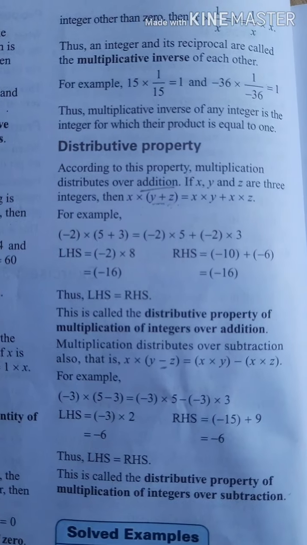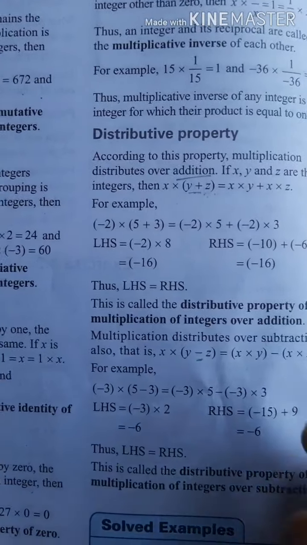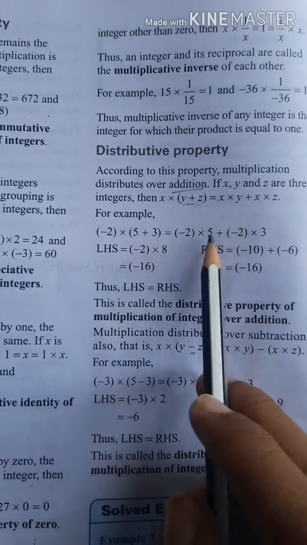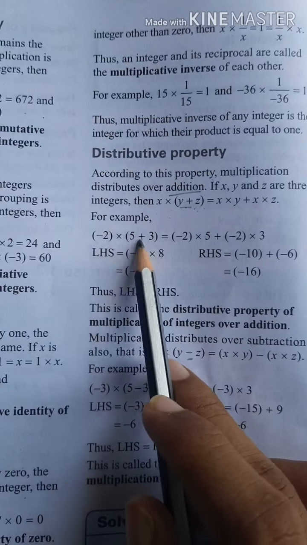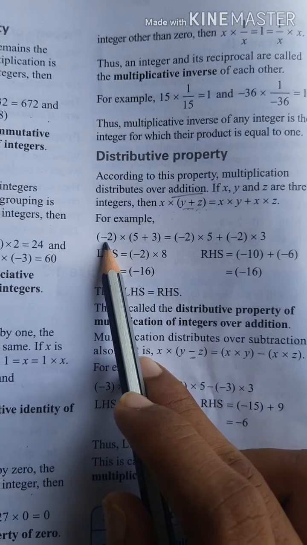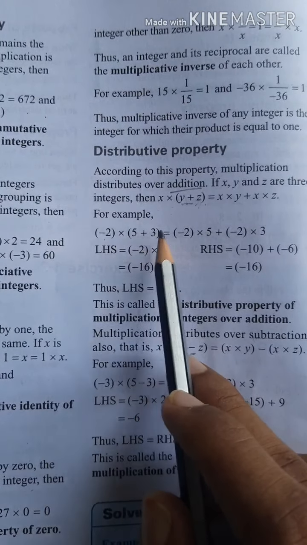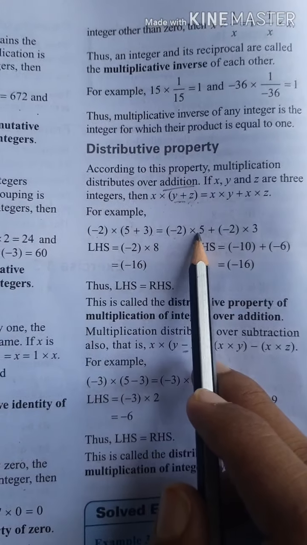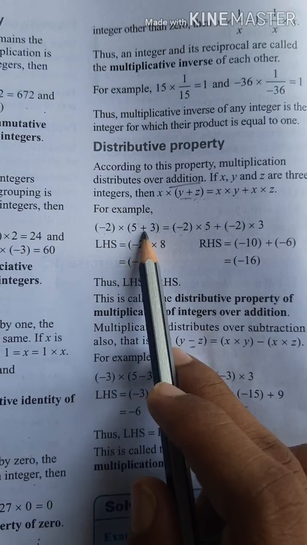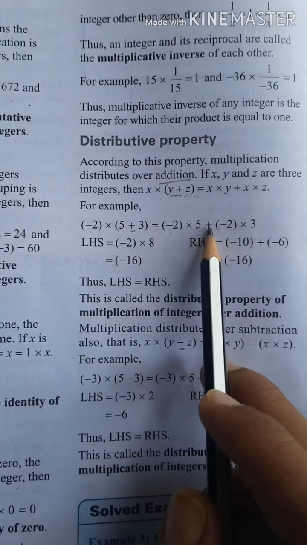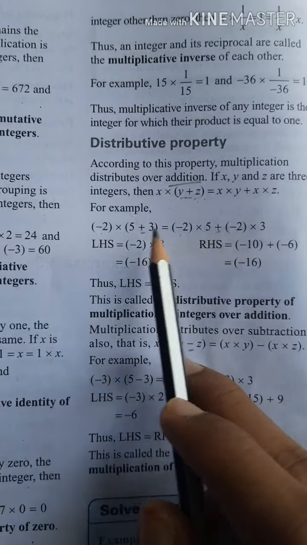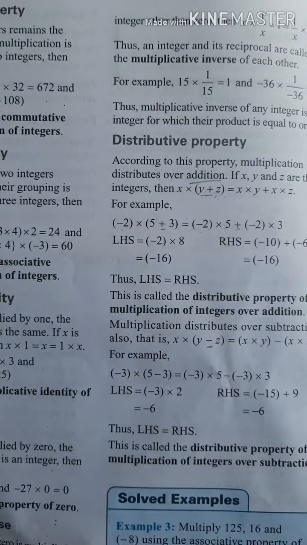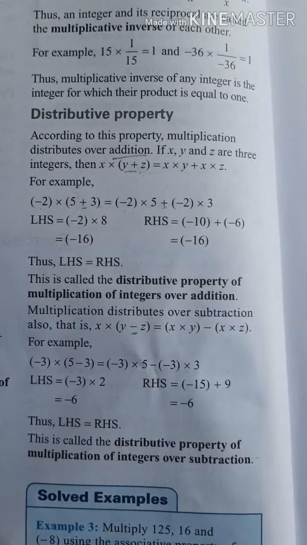Okay, now see the example, and check whether both are equal or not. First see minus 2 into 5 plus 3. This minus 2 is common for both 5 and 3. So first take this minus 2, multiply with 5. You will get minus 2 into 5. Then put the plus symbol, and again multiply minus 2 into 3.